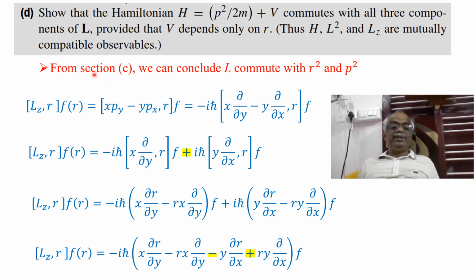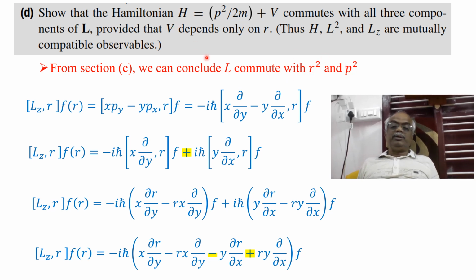So in previous section C, we have seen that Lz will commute with both R squared and P squared. In a similar manner, we can prove that Lx and Ly also commute with R squared and P squared. In turn, L commutes with R squared and P squared.